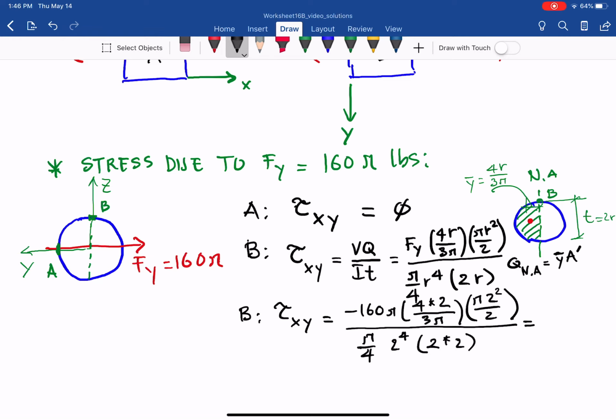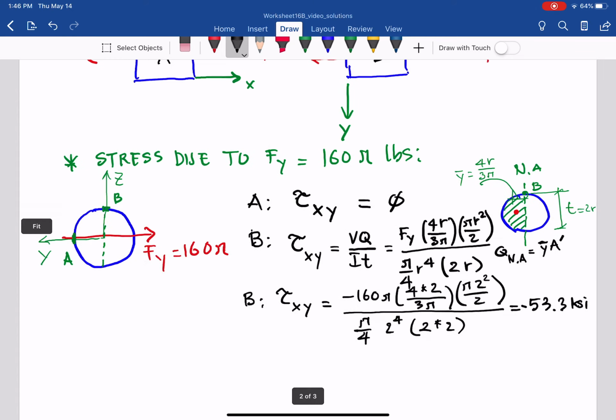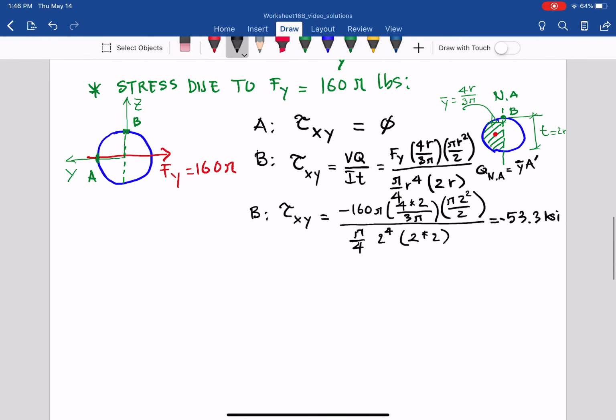From that we get 53.3 KSI. The answer is in pounds, and then we change it to KSI. We have that number.